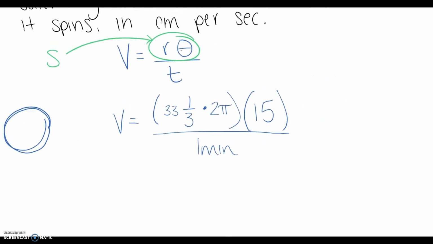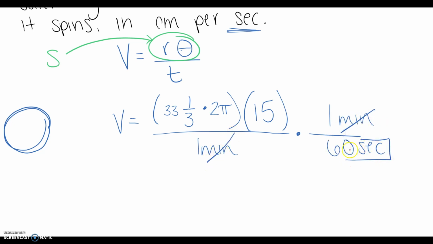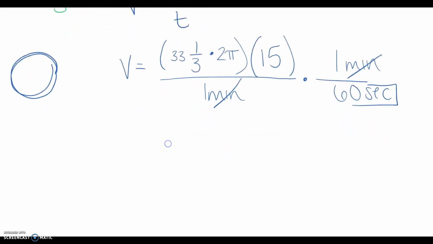Now, we asked for centimeters per second, so we're going to do some dimensional analysis and multiply by 1 minute in 60 seconds. So now we get rid of our time in minutes, and we are in seconds. And now we'll simplify. So I'm going to rewrite this.